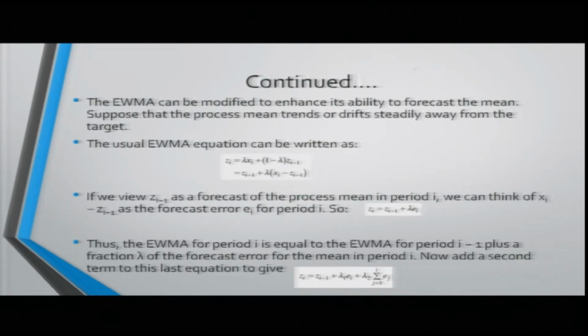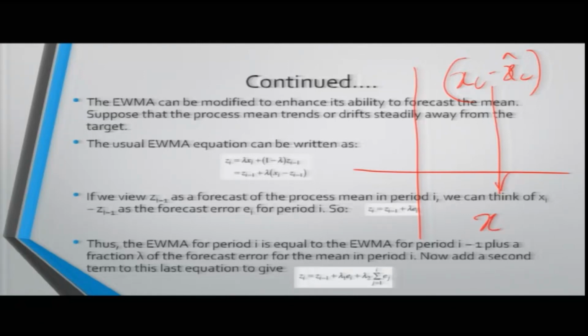Say for example, you are trying to find out the errors. Technically, the error, as we know, is xi minus xi hat, where hat is basically the predicted value of xi. If you consider this xi hat to be zi, what you are trying to do is find the difference between the actual value and the predicted value, which is on the same scale.